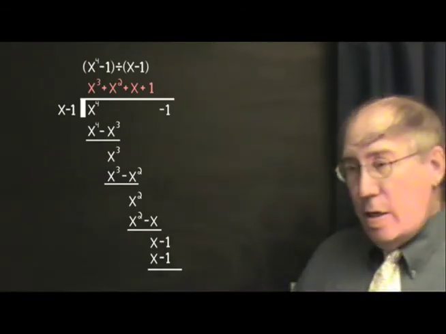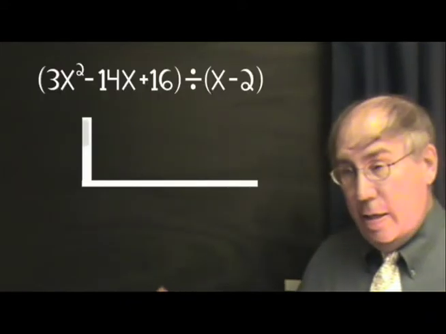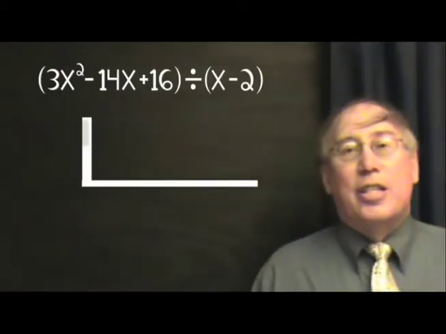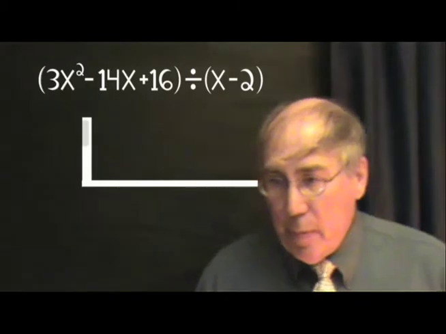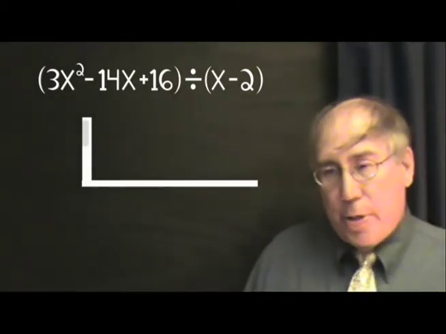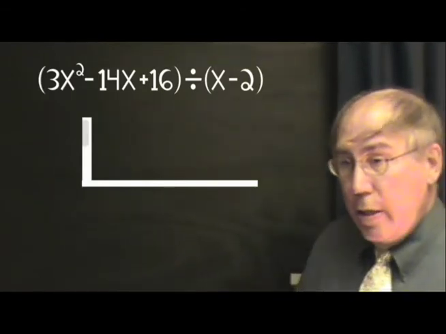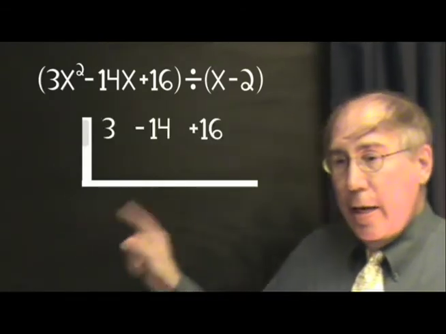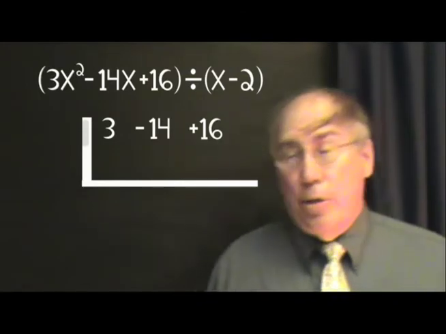Now we're going to get into a little trick here involving division. It's called synthetic division. Now what we'll do is put in this upside down division symbol here, we're going to put a 3 and a negative 14 and a 16 from our dividend.